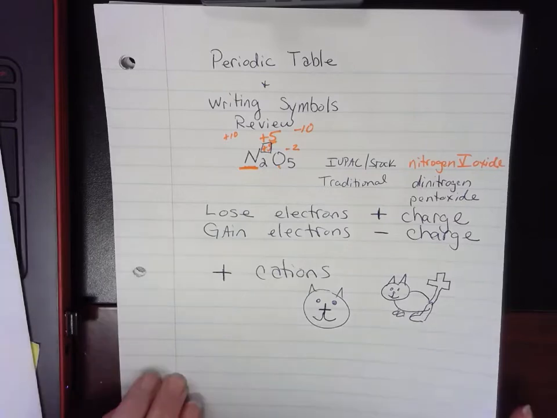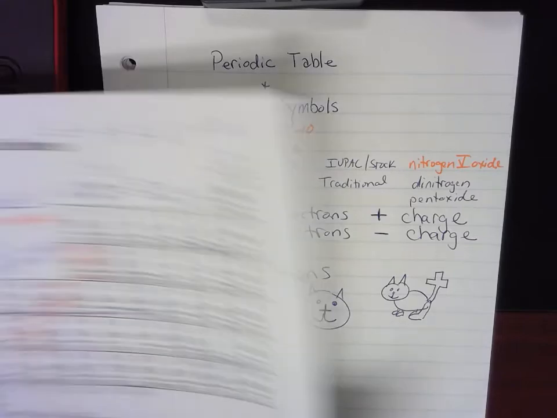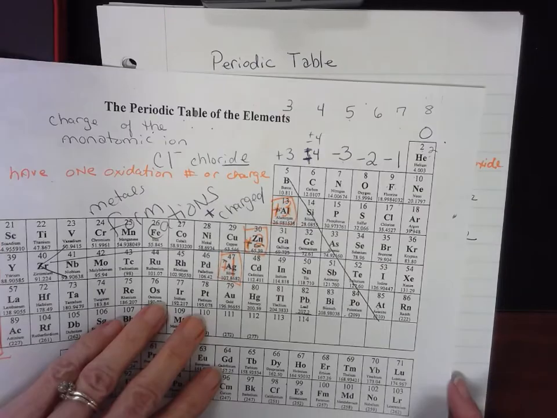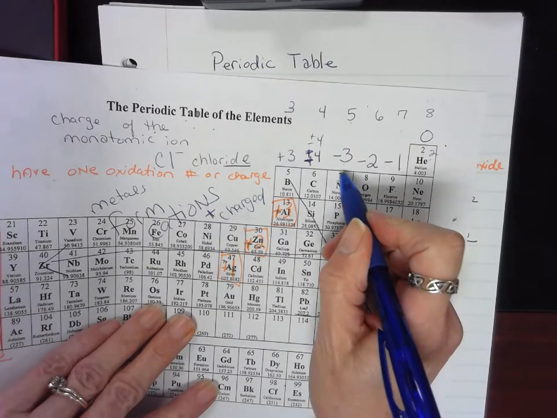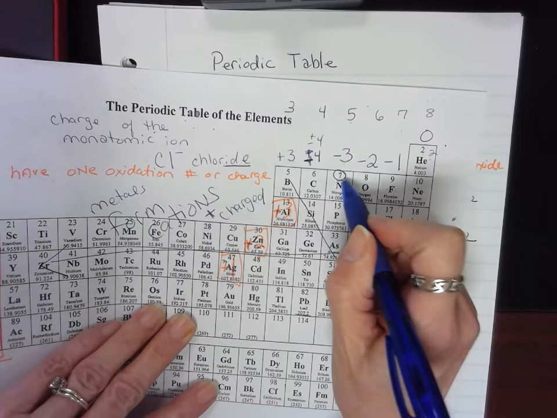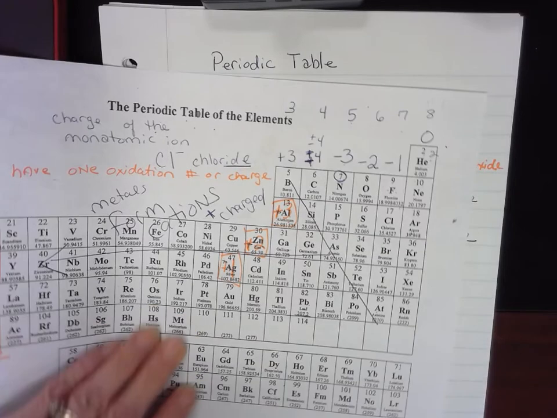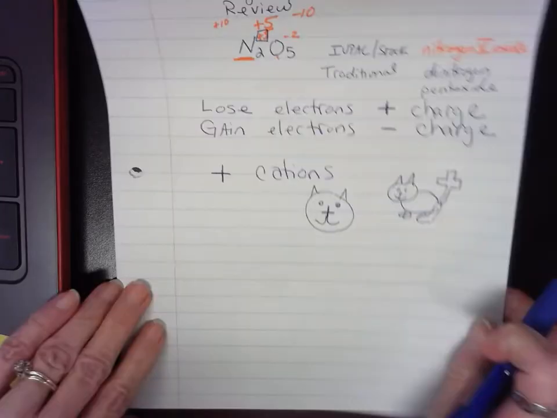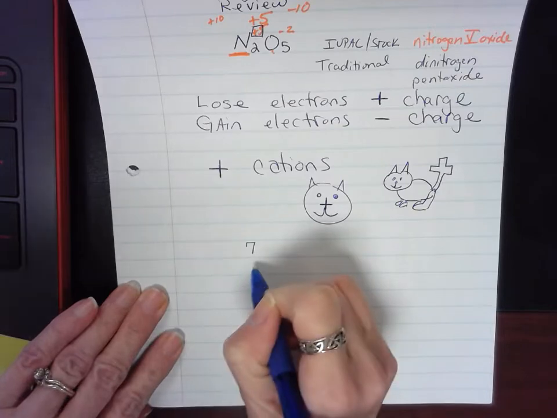Another thing from your periodic table that you might want to remember if you want to pass the class is that this number here is your atomic number. Okay, so I'm going to rewrite what is on here.